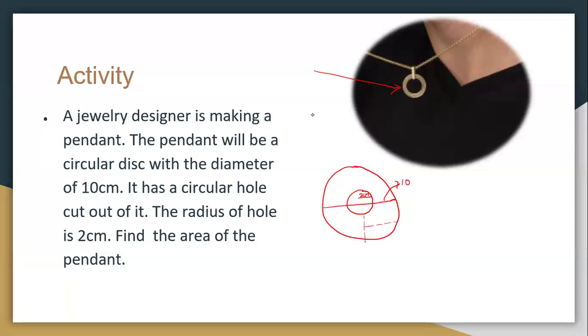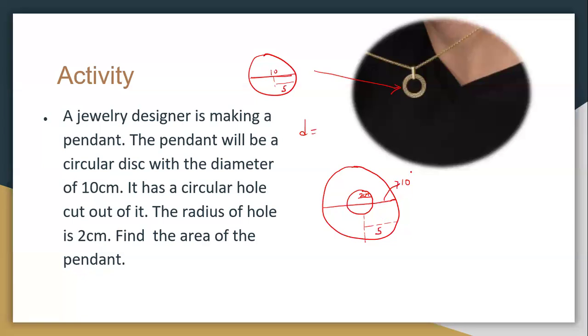Yes, it is 5, because they have told you that the diameter of the circular thing is 10. So in order to get the radius, we always divide by 2, so it is 5. The radius of the bigger one is equal to 5.